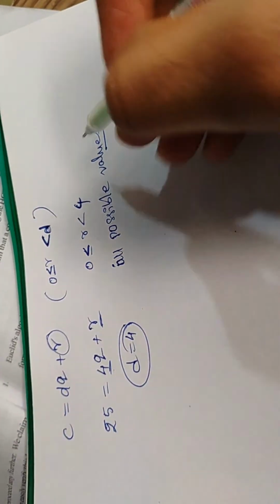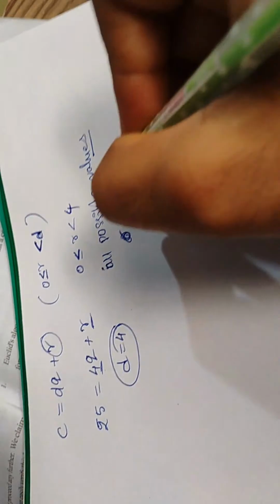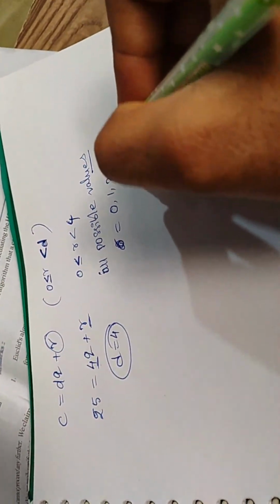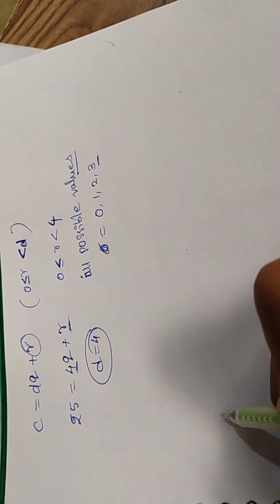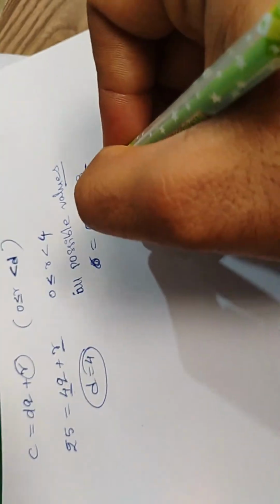All possible values: r is equal to 0, 1, 2, 3. Less than 4 we have to take. We should not take 4.